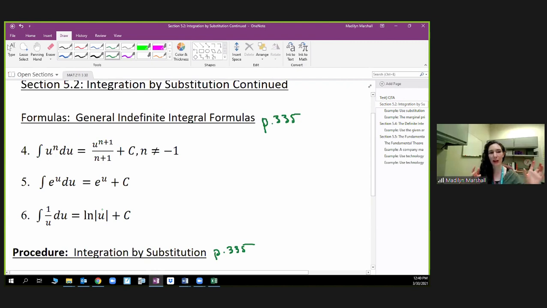Then in 5.2, we introduced substitution, in which we can have any kind of function in those three positions. That is the most complex integration we're going to have to do in this class, the substitution method.